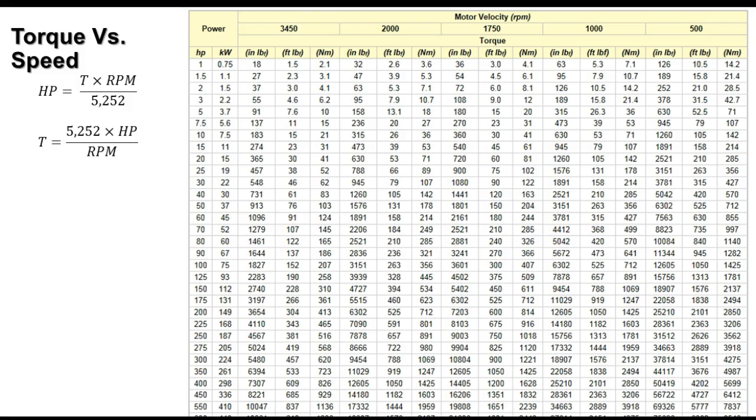So it's actually 745.7 watts per horsepower. Of course, over here we use 746.